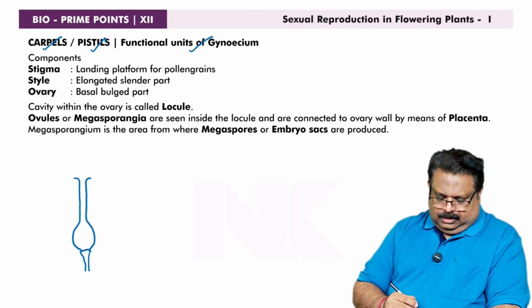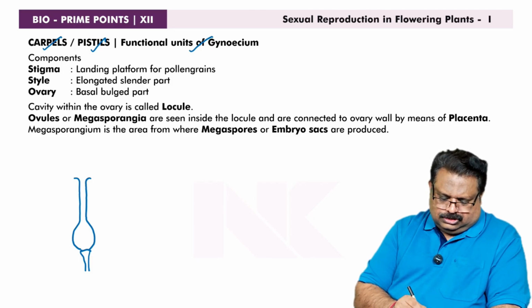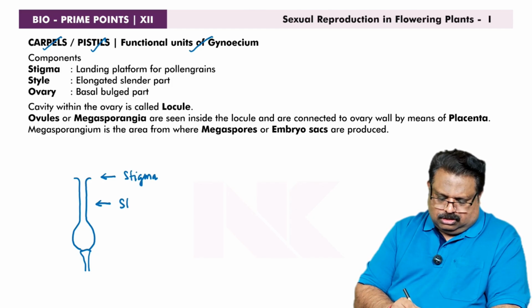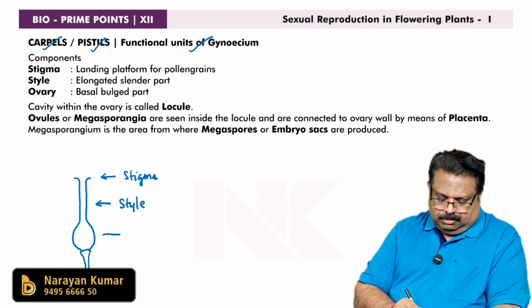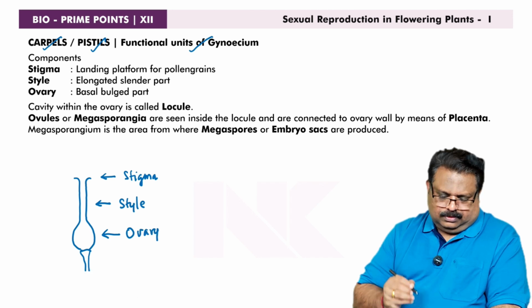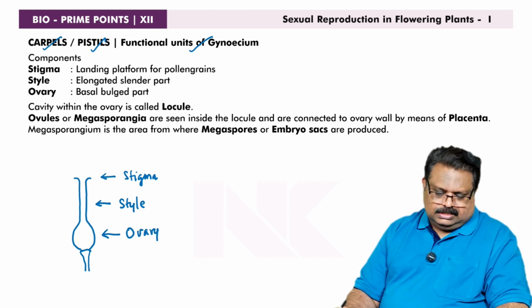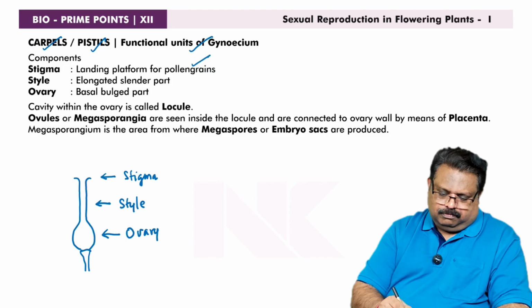The pistil has three regions. An enlarged tip is there, it is called stigma. Then a tubular portion is there, that is called style. And the basal swollen part is called ovary. The stigma is a landing platform for pollen grains.